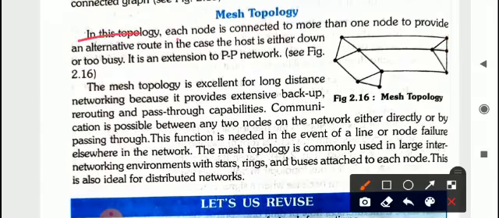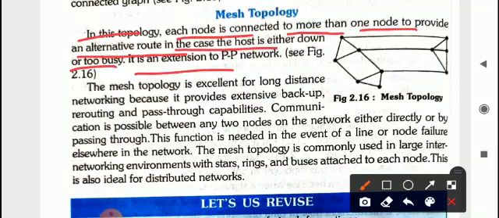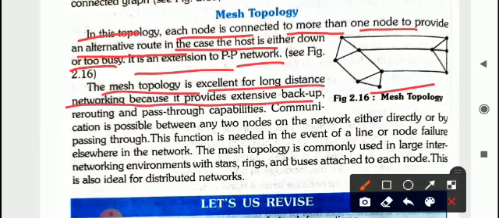In this topology, each node is connected to more than one node to provide an alternative route in case the host is either down or too busy. The host is the server. It is an extension of point-to-point network, that is PP network. The mesh topology is excellent for long distance networking because it provides extensive backup, rerouting and pass-through capabilities.